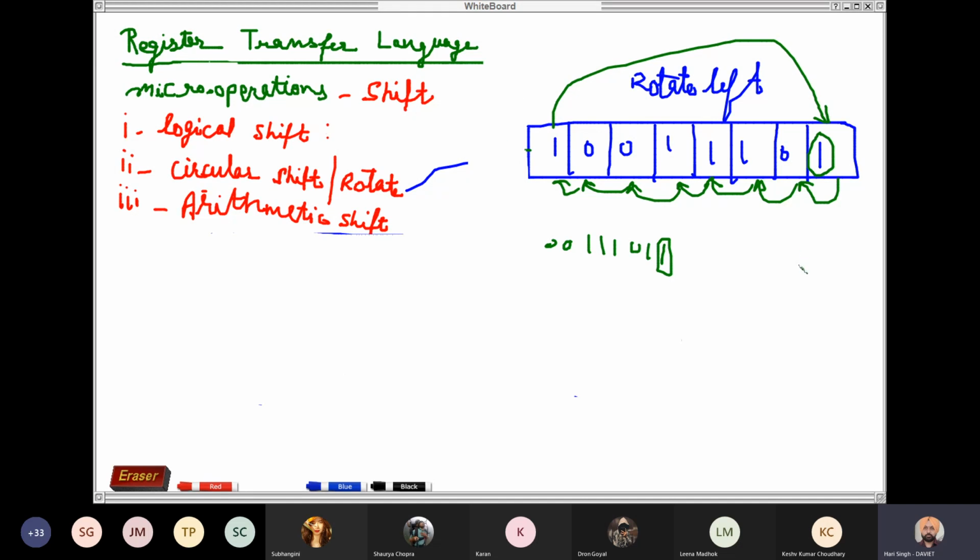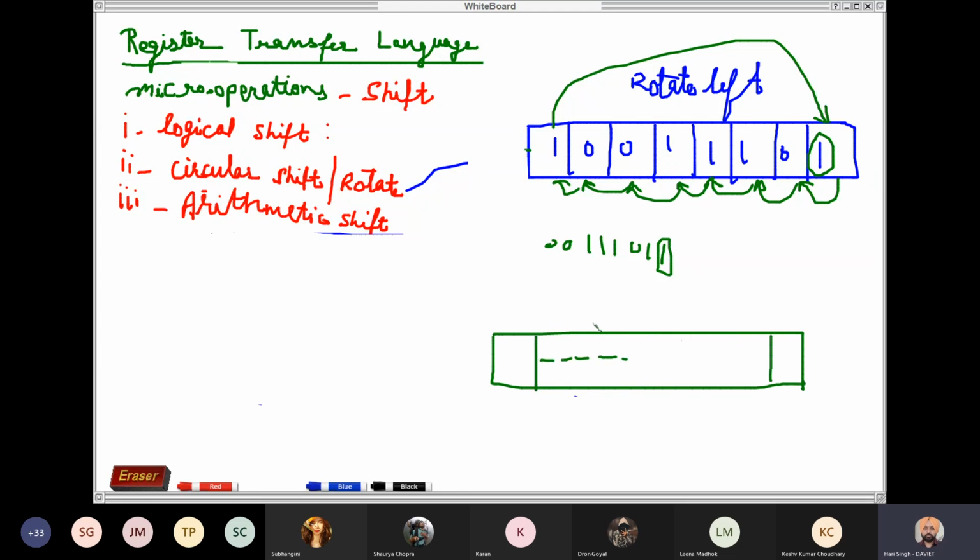So its symbolic representation is: this is the register, this is LSB of the register, this is MSB of the register, and these are the in-between values. Now this arrow indicates left shift operation.